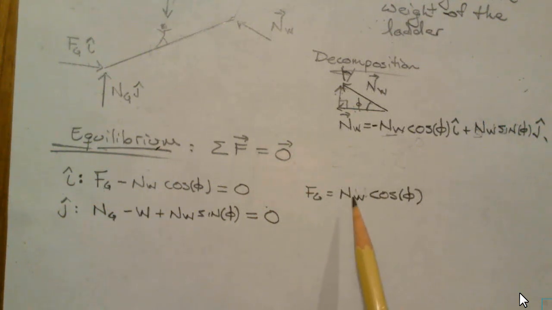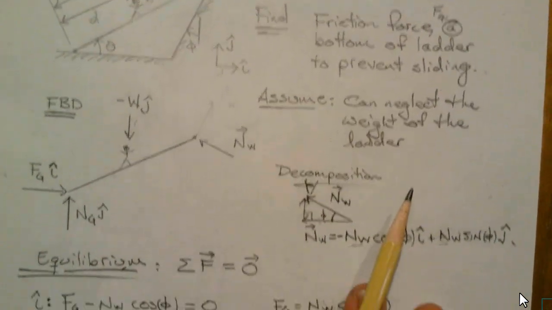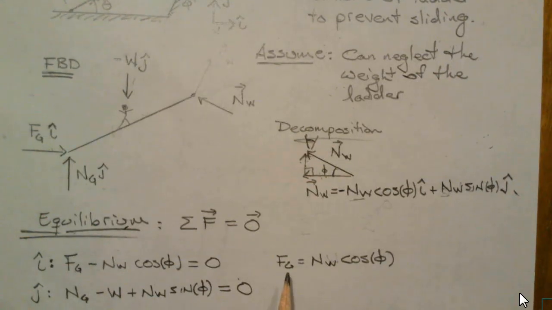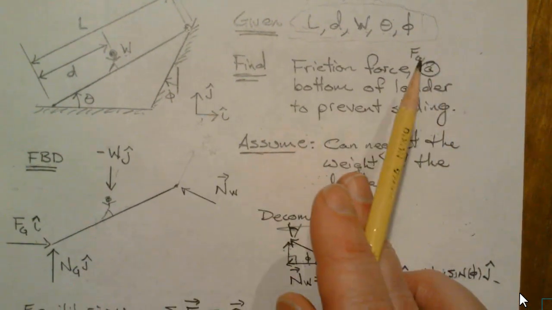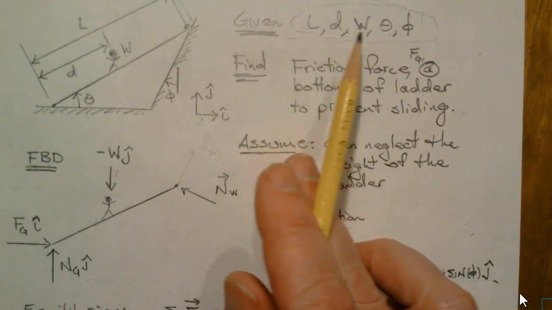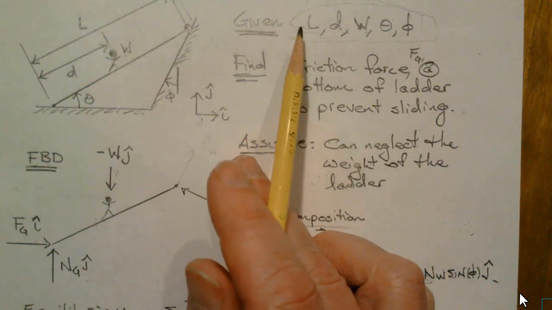So, this is what you do when you put numbers in there too. You keep on solving until you just have a number. But in this case, we're not doing numbers. We have to keep on solving until we have our answer. In this case, our answer is Fg. We keep on solving until we have Fg in terms of things that are given to us. And this is why we write the list of givens.